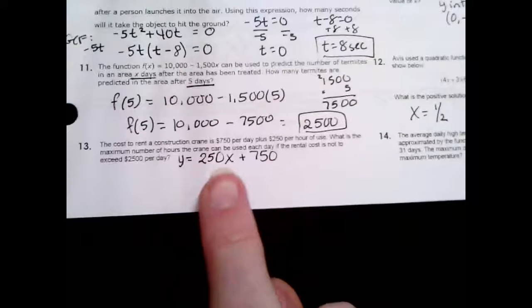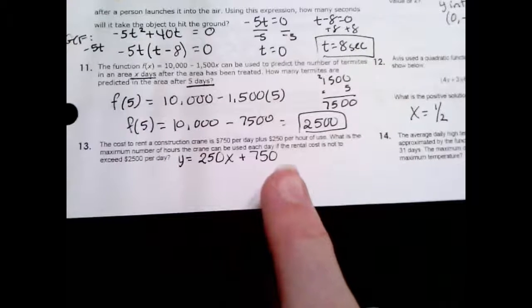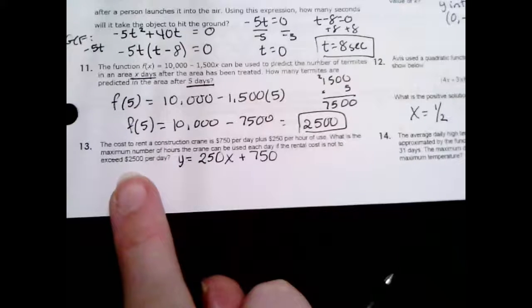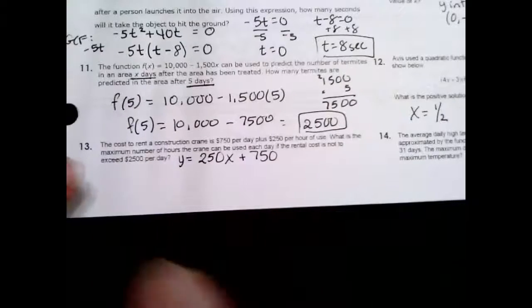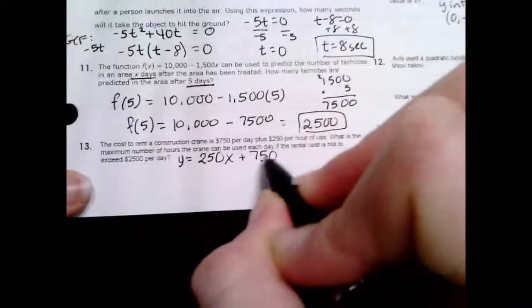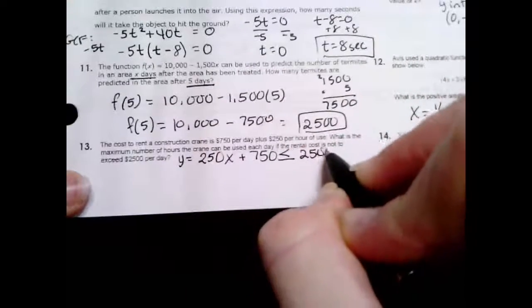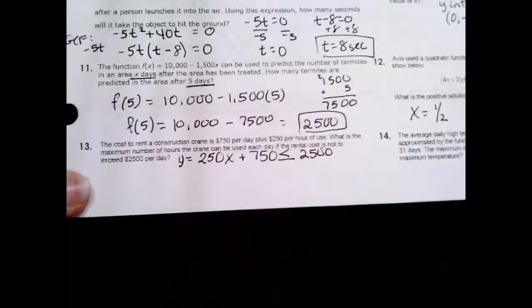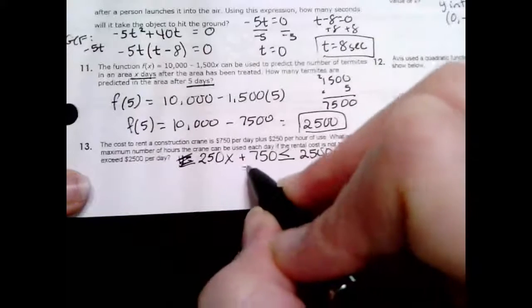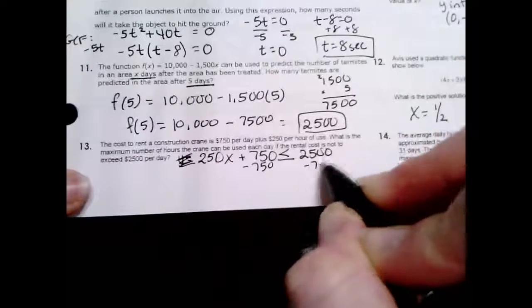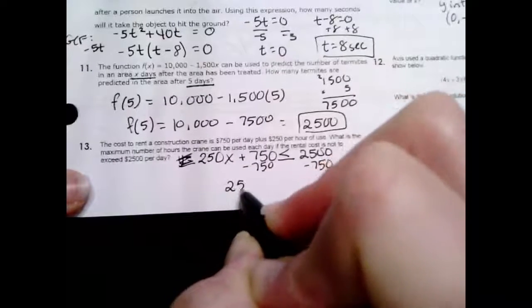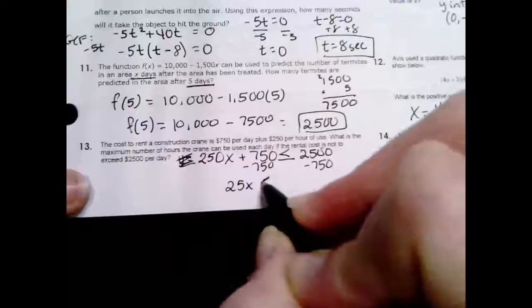So the equation would be 250x plus 750. Okay, but they have this max that they cannot exceed. So if you cannot exceed that, then this expression you just made needs to be less than or equal to 2,500. They can equal the 2,500, but they also cannot go over. Okay, so 250x plus 750 is less than or equal to 2,500, and we would go through and solve. Minus 750 from both sides, 250x less than or equal to.